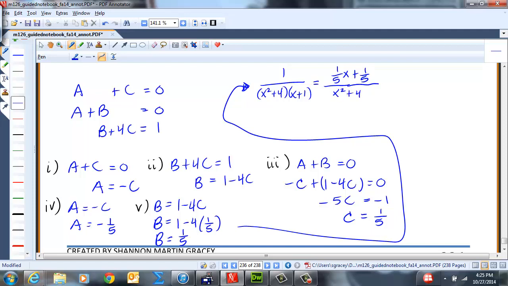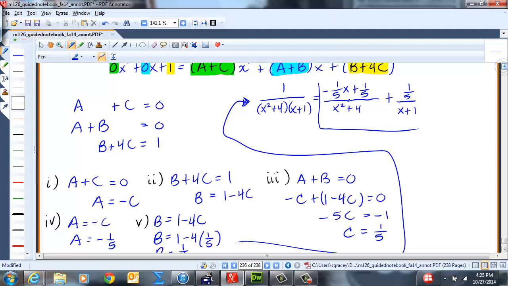And then c was, also a was negative 1/5, gotcha. So c is positive 1/5 over x plus 1, and we're all done.